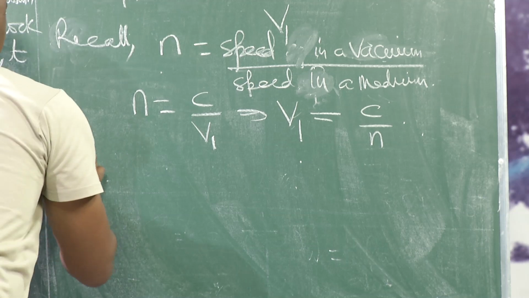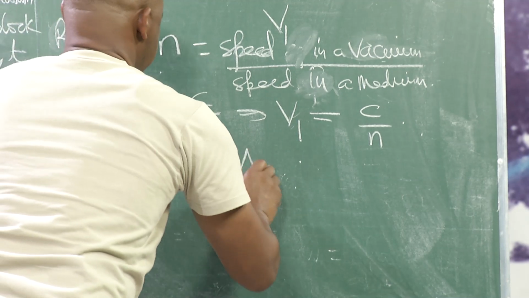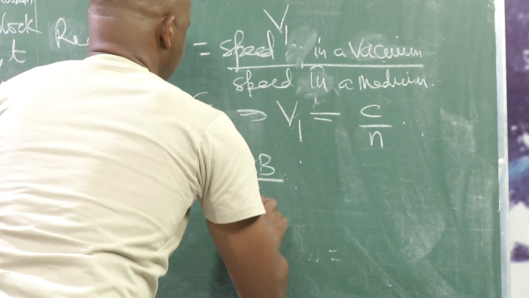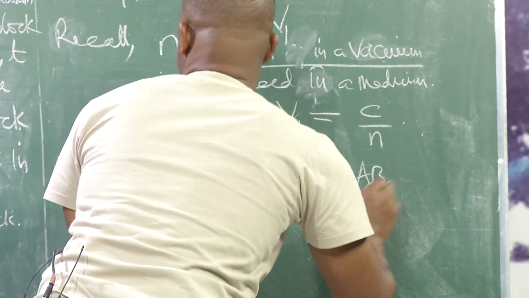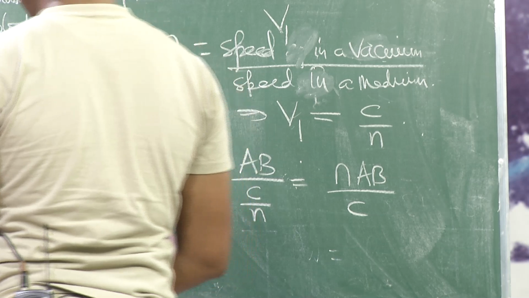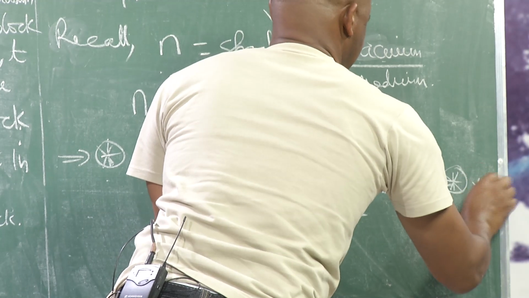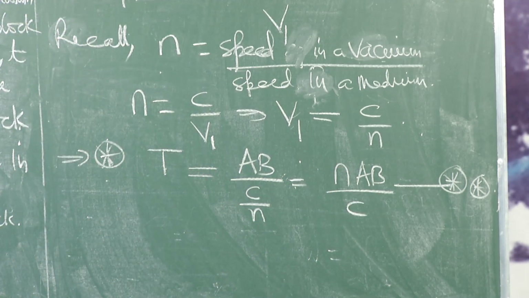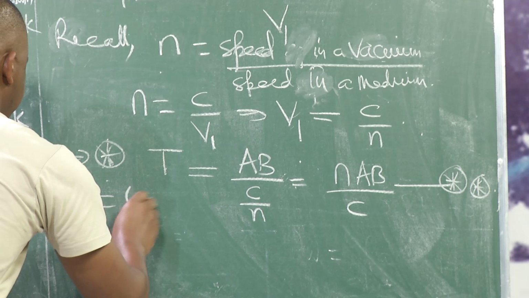This implies that my equation, which I've called star, will give us the time now as AB over the speed, which is c over n, which will give us nAB over c. This can be recorded as another expression. So I want us to look for AB. Look here. The distance AC, we shall say that our AC is t.